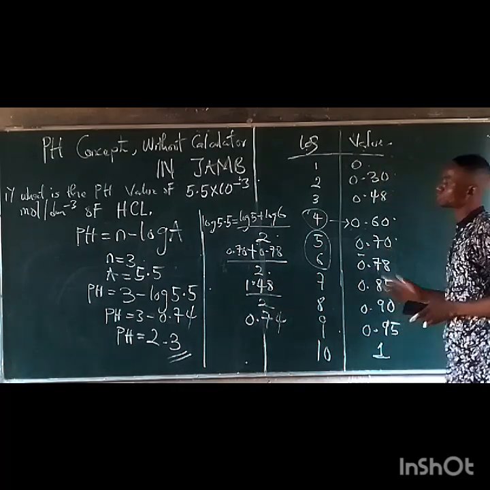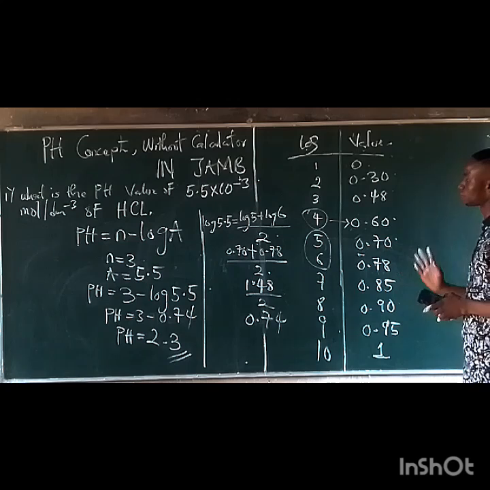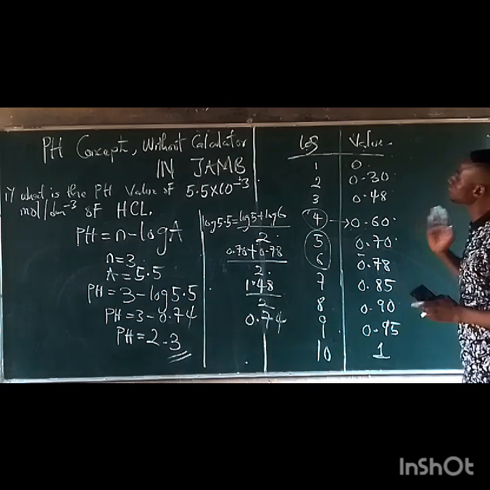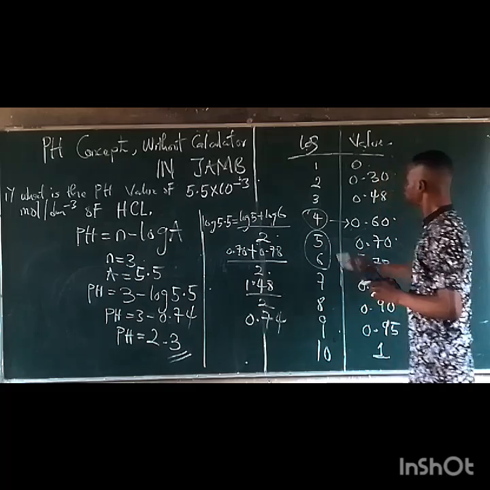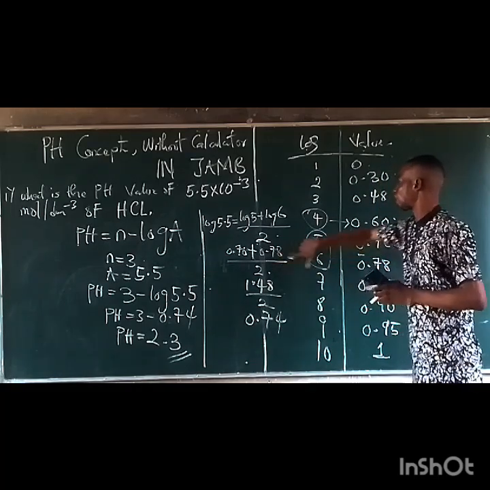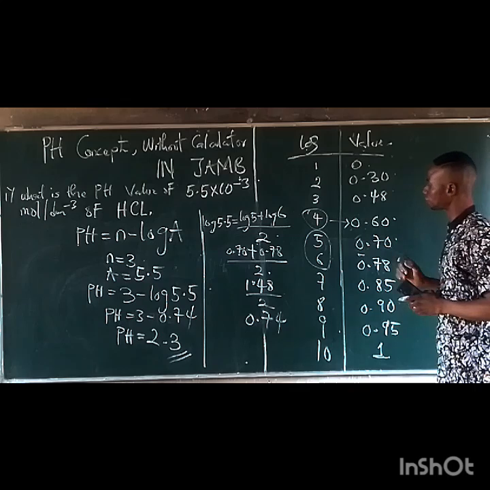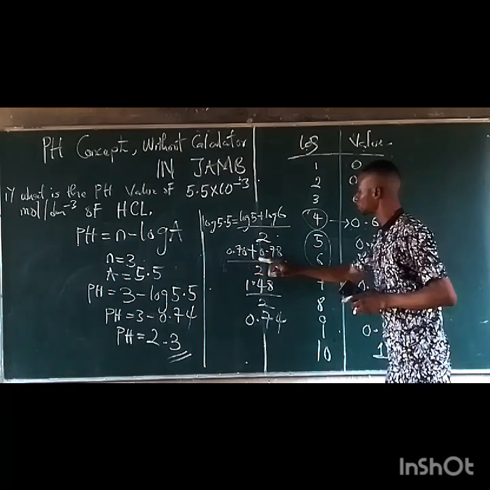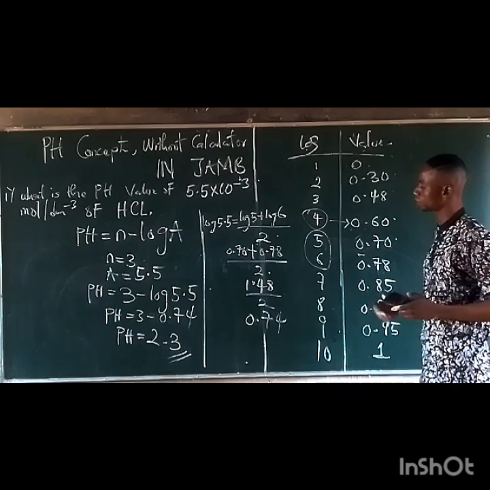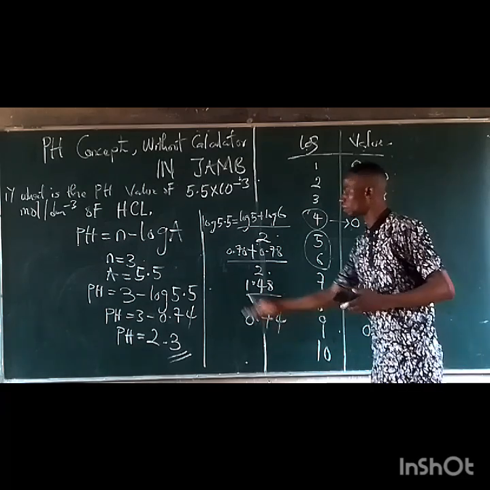So before I even go to the third solution, I want you to look at it very well. It's clear to you that anytime you have a 0.5 value, you look at the two intervals and find the average of that logarithm. Find the average by adding the two logarithms together and dividing by what? By 2. You are going to get your answer as the logarithm of that value.